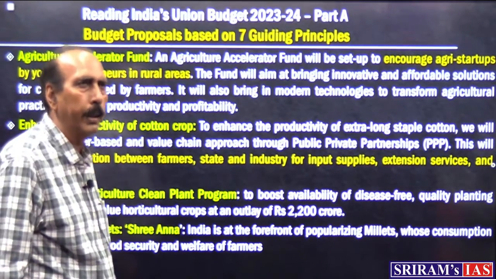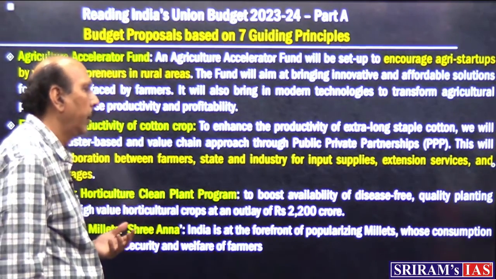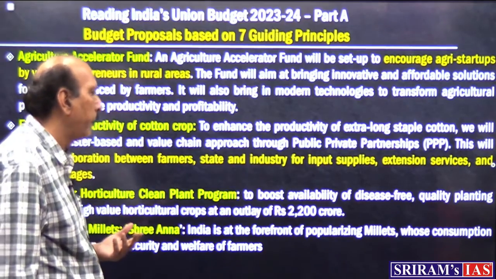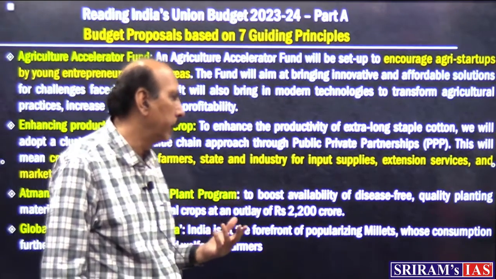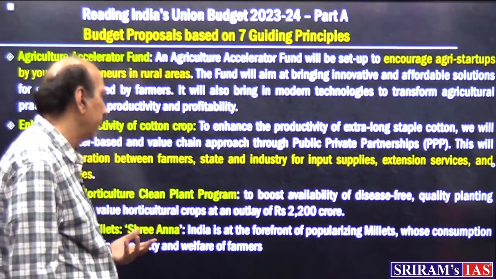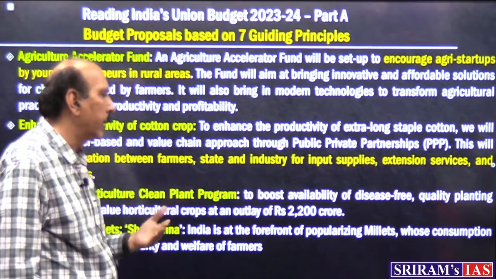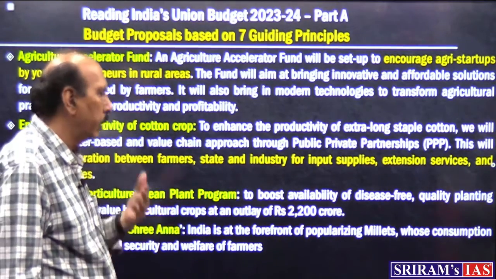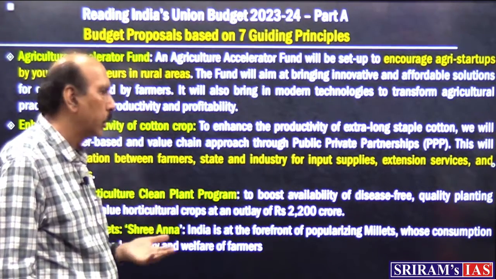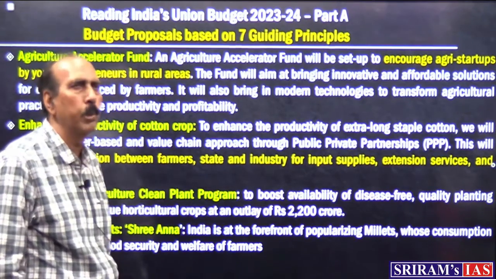Horticulture is an important sector, and to attain self-reliance in horticulture, we have to boost quality planting, we have to address the diseases which crops normally catch, and therefore the government has allocated 2,200 crores for the Atmanirbhar Horticulture Clean Plant Program.